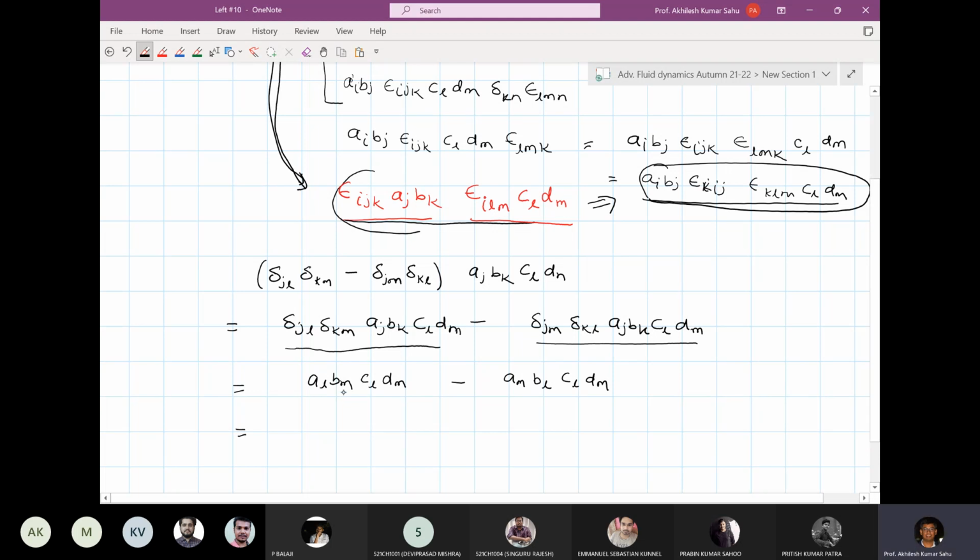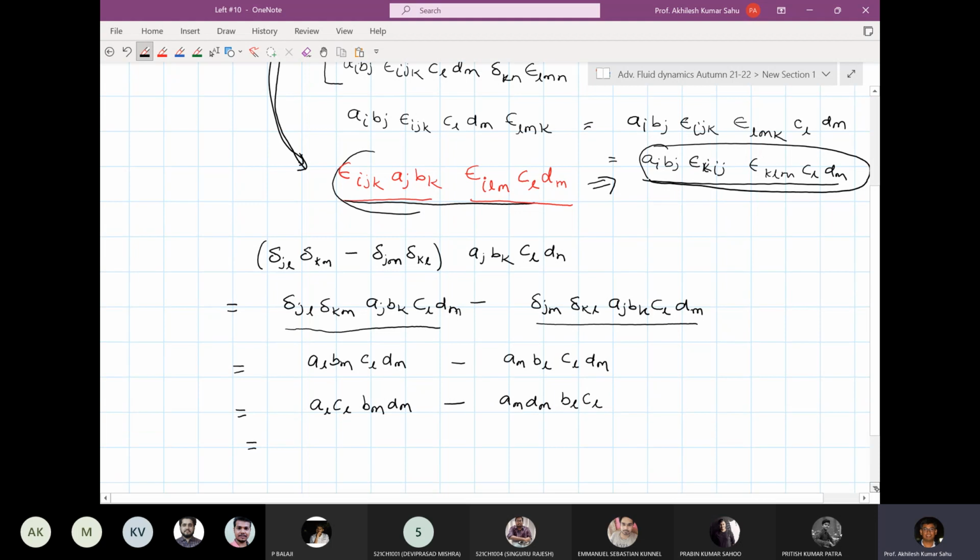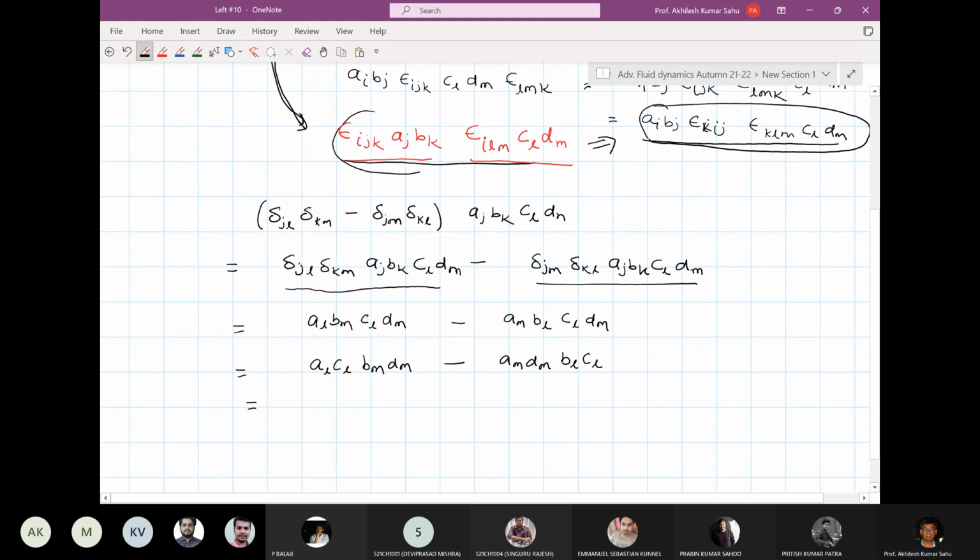So what will be this term? I have A_l B_m C_l D_m. This I can write as A_l C_l B_m D_m minus A_m D_m B_l C_l. Now write the index notation for this. The index for A and C are same. So what does it mean?